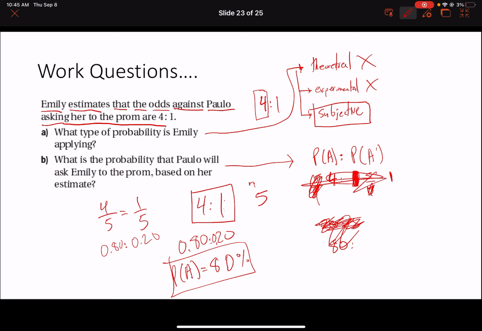That's actually the smarter way to do it. So find out the whole. This represents every possible scenario: 4 cases where it happened, 1 case where it won't. So total cases is 5. So divide both sides by 5, and then you'll have the probability right here.